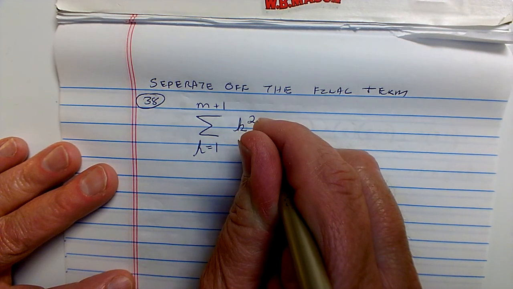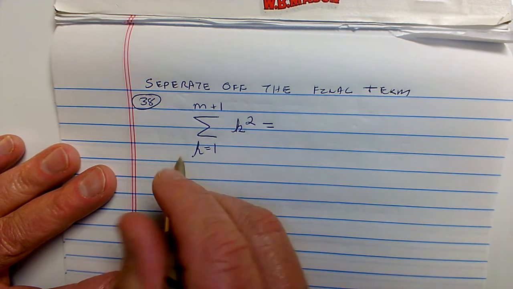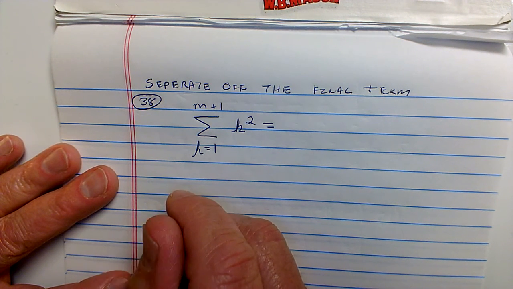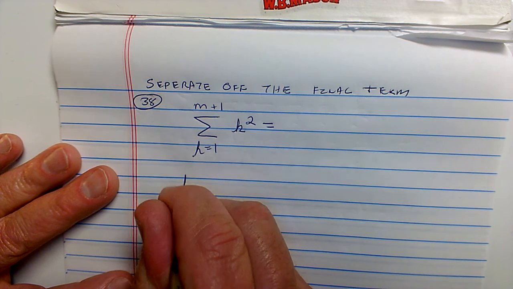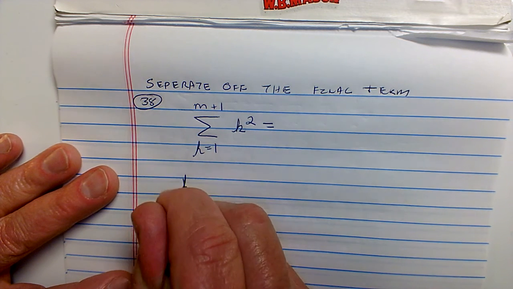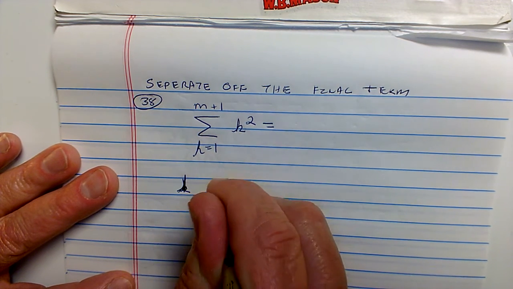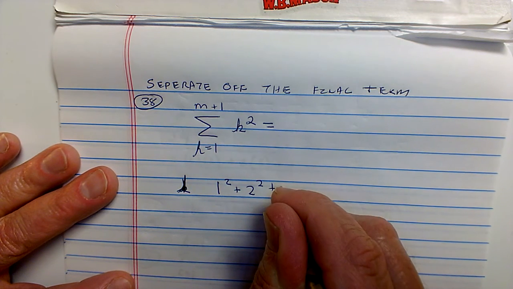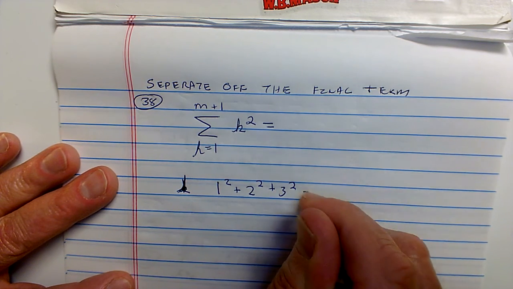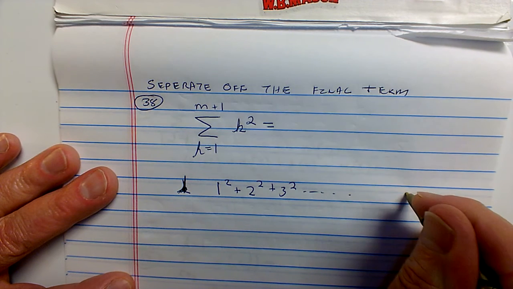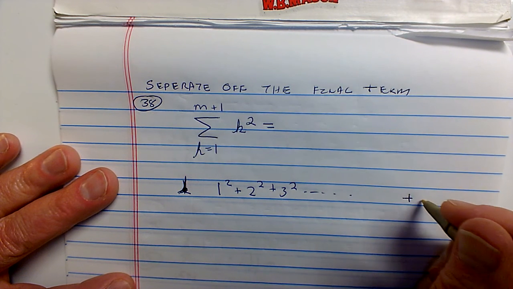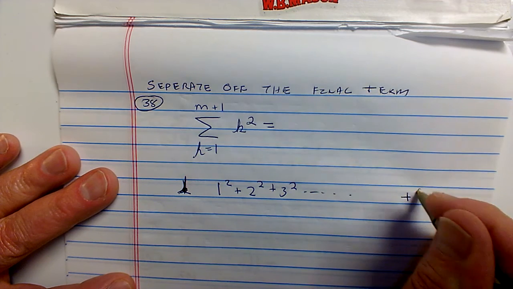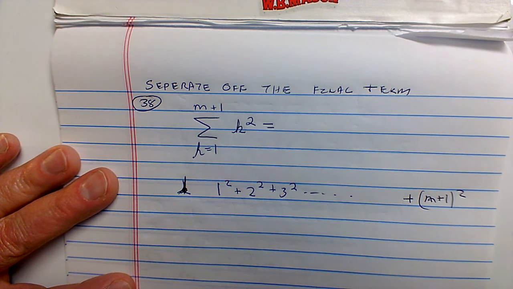So here what we could do is we could expand this one in number 38, and when we expand this, we get, well, let's do it. It's going to be 1 squared plus 2 squared plus 3 squared up through the last one, m plus 1 squared.